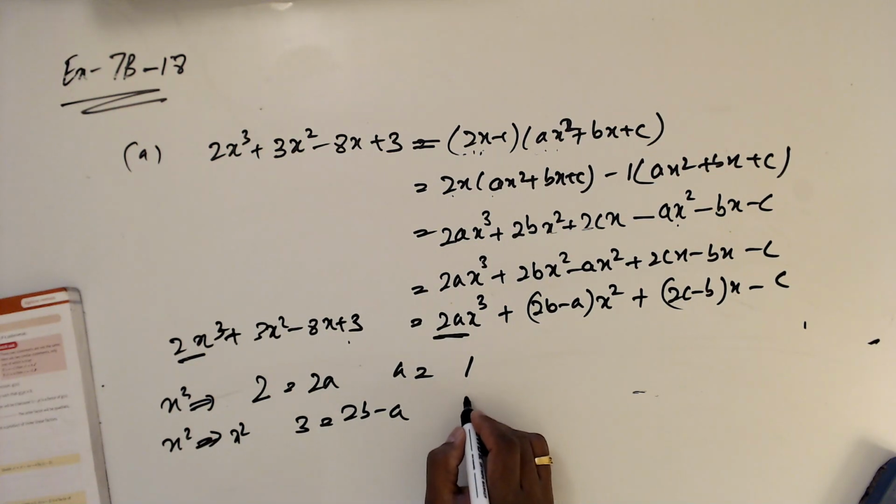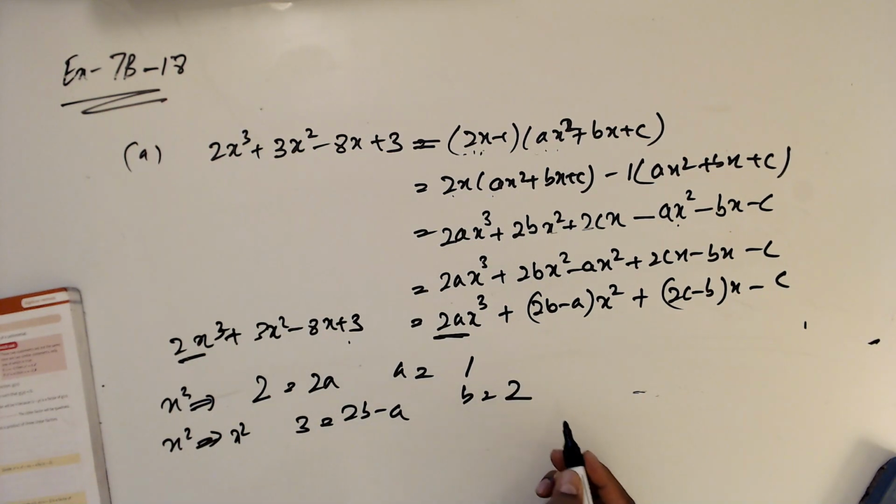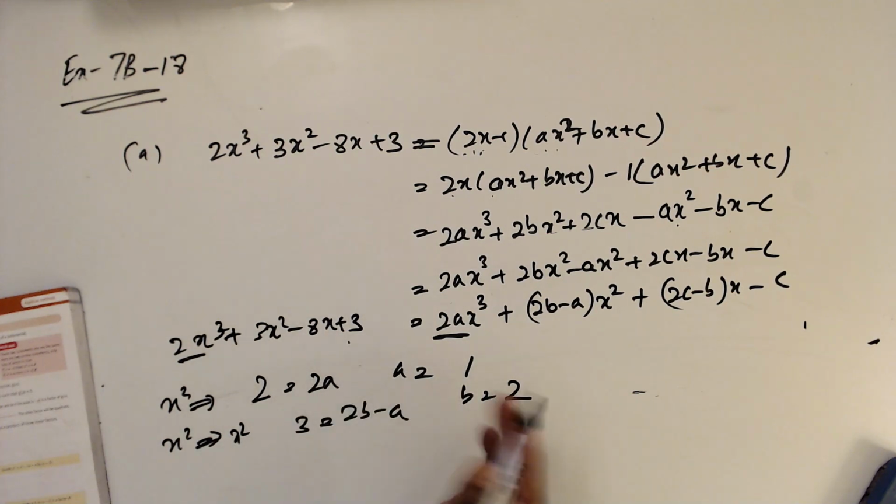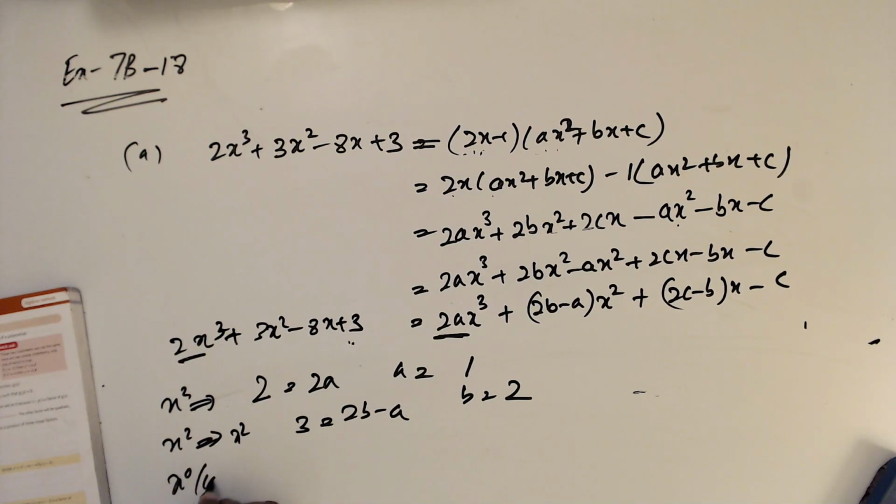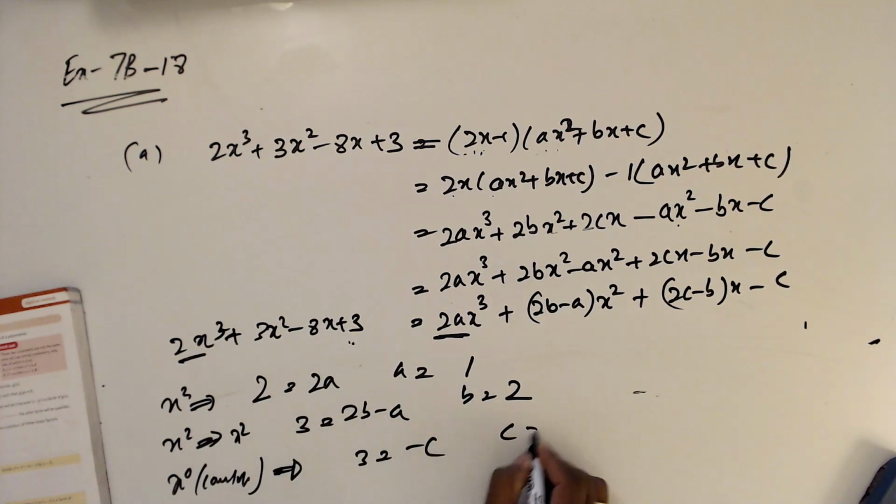Then we work out b equal 2. And the good one is this one, equating the x0 or constant, both you can use. Minus 3 is minus c, c equal minus 3.